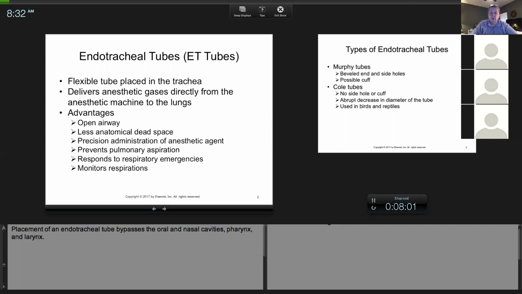So first of all, it prevents aspiration pneumonia. If they have passive regurgitation, remember I told you sometimes animals will be laying on the table and you'll notice they're starting to pool liquid in their mouth, or sometimes you'll see some dripping out of their nose, and that's passive stomach contents just kind of creeping up the esophagus and coming out.